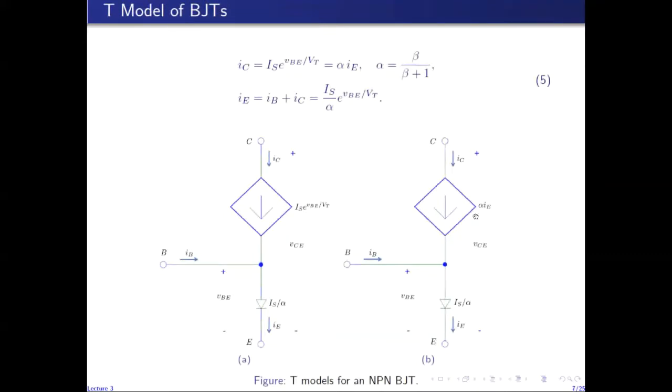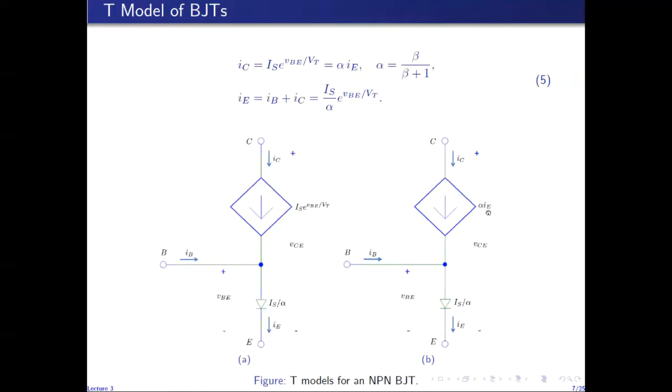Furthermore, if we consider in this model the base emitter terminals to be constituting an input port and the collector base terminals to constitute an output port with base terminal common between the input and output ports, then for the current IE flowing through the input port, we get the current IC through the output port, which is given by alpha times IE.